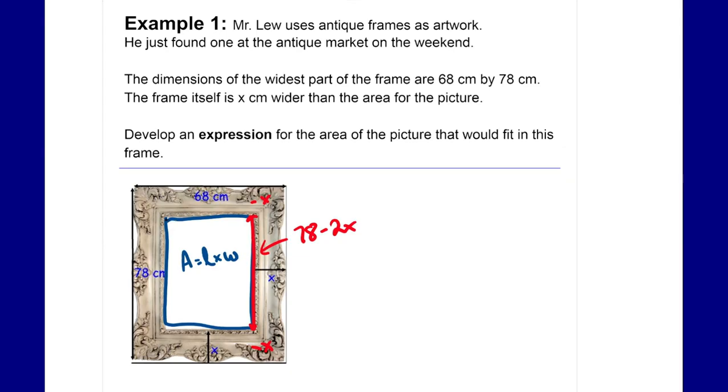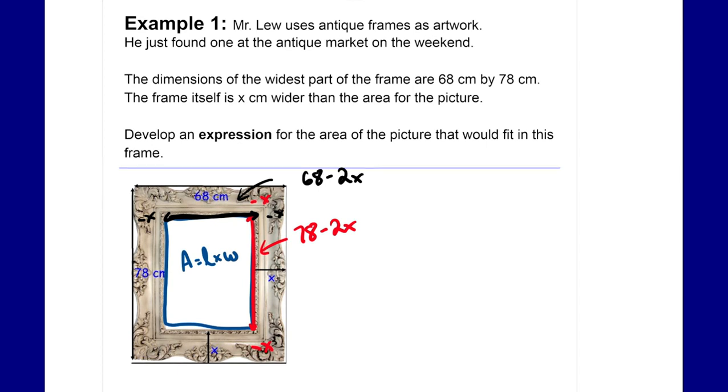The width, which is this portion here, if the entire frame is 68 and each portion, equally distant around, is x, then I would subtract an x on either end. So the width would be 68 minus 2x.